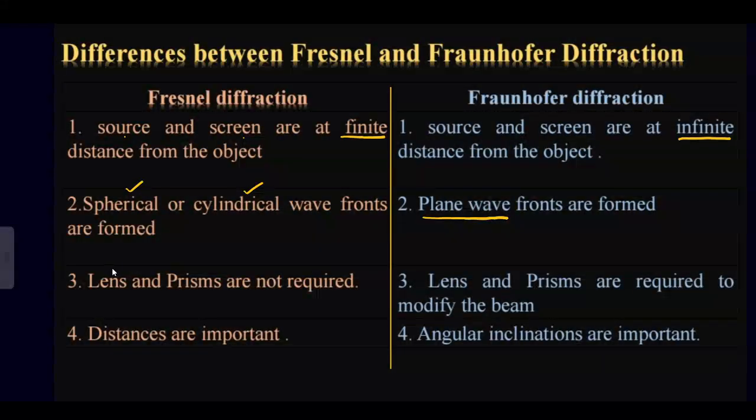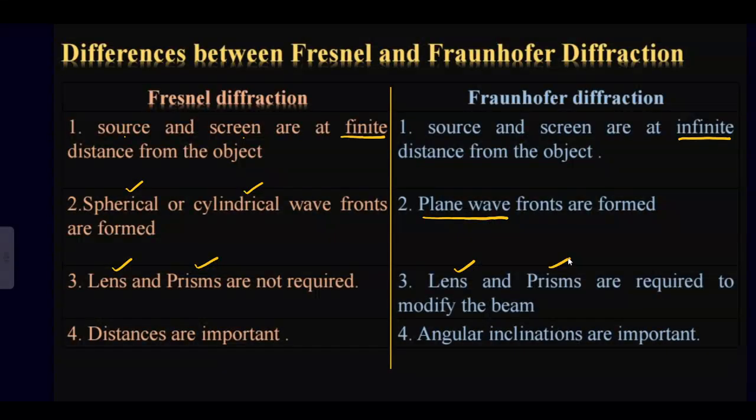In this case, lenses and prisms are not required in principle, but practically we use lenses, because having the object at infinite distance is not possible. By using lenses, we can make the object appear to be at infinite distance.